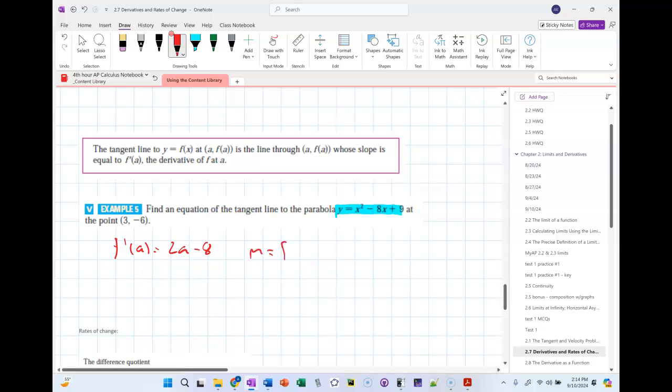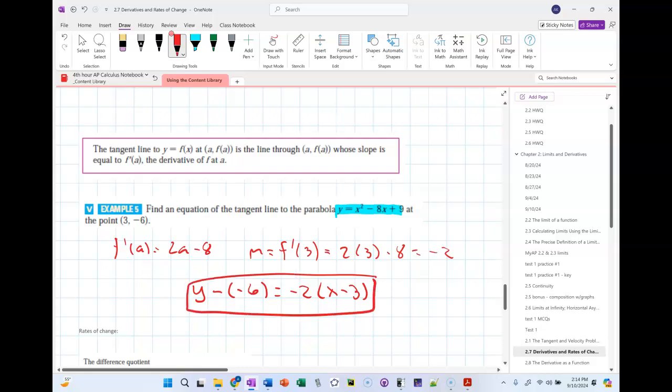So my slope is f prime of 3, which is just negative 2. And I just plug into point-slope form and I'm done. That's nice.